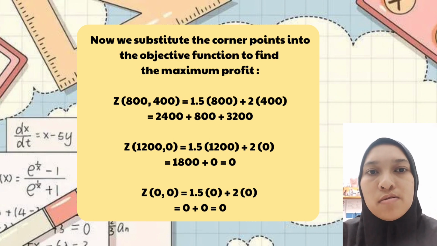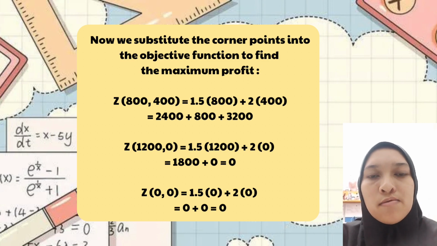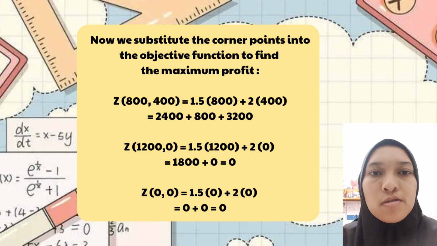Next, Z at (1200, 0) equals 1.5 times 1200 plus 2 times 0, equals 1800 plus 0, equals 1800.